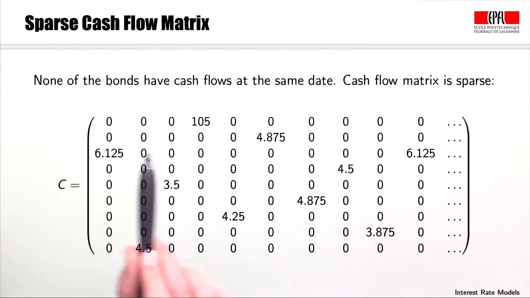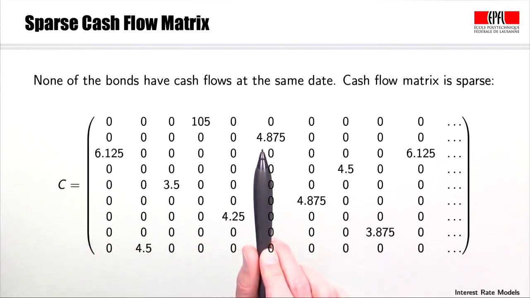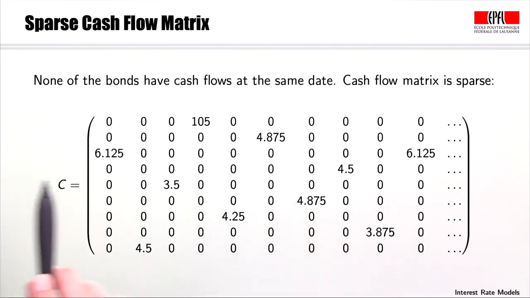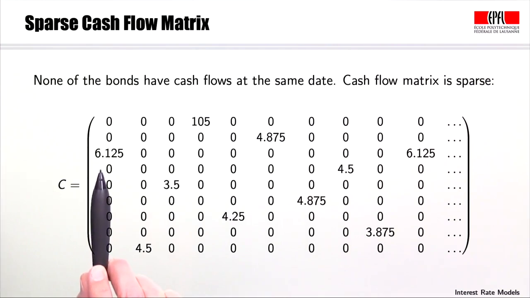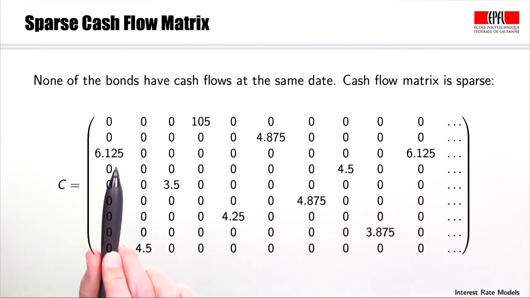Similarly, the second bond will pay a coupon of 4.875. The third bond, which is the bond with the earliest next coupon payment, pays 6.125, and so on and so forth. Recall that in total we have 104 cash flow dates.